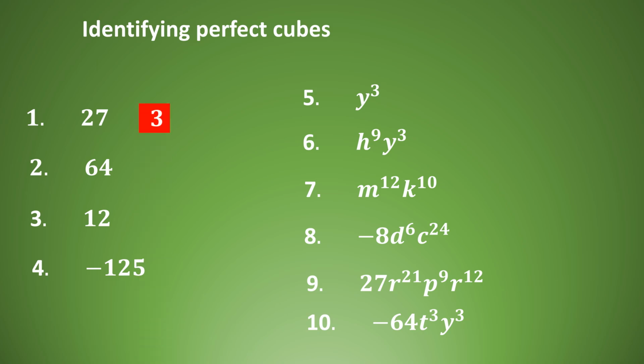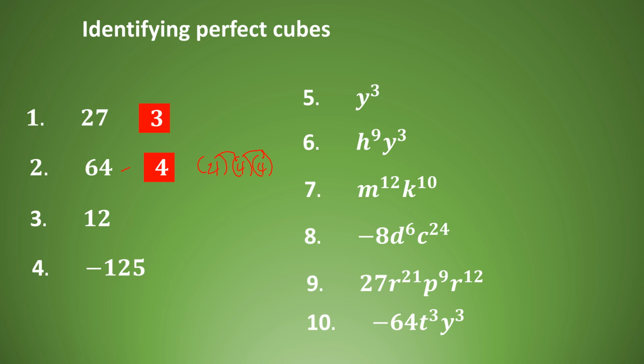Okay, so it's a yes, and its cube root is 3. And 64 is also a perfect cube, and its cube root is 4. Because if we multiply 4 times 4 times 4, of course 4 times 4 is 16, times 4 is 64. So therefore 64 is a perfect cube.